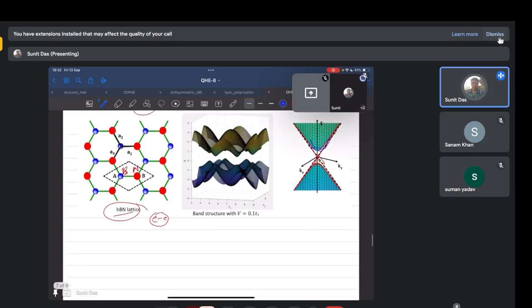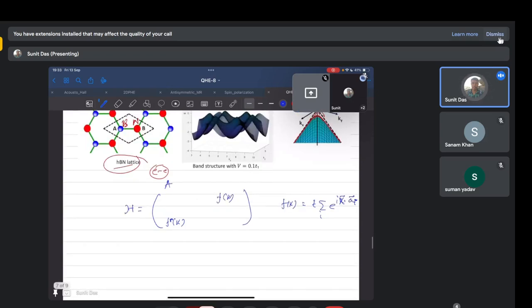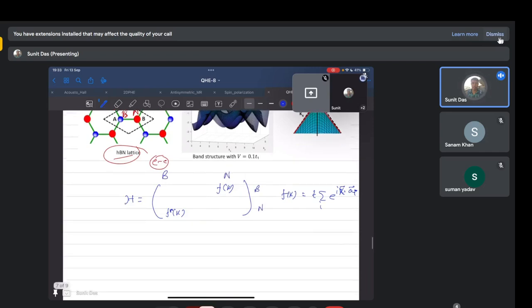And how can you simply understand the breaking of inversion symmetry? Let's say you have a Hamiltonian with f of k and f star of k, where f of k includes the hopping term, e to the power i k dot a_i, where a_i are the nearest neighbor vectors, and this is in the basis of the B and N atom orbitals.